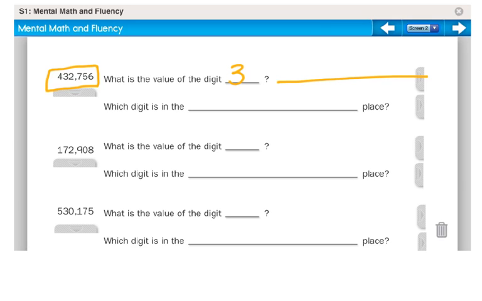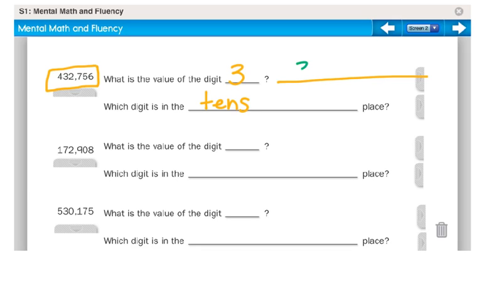And then right after it, tell me which digit is in the tens place. This goes back to our Unit 1 math test, the difference between the value and the place name. Go ahead and write the value of the digit 3 and which digit is in the tens place.